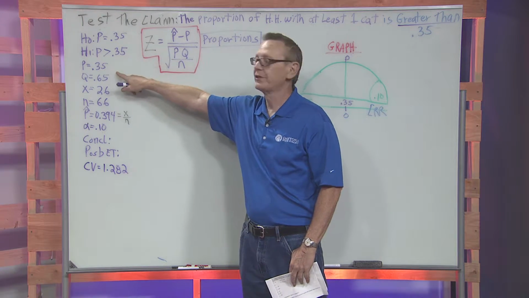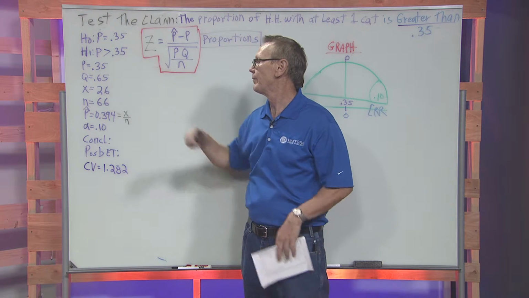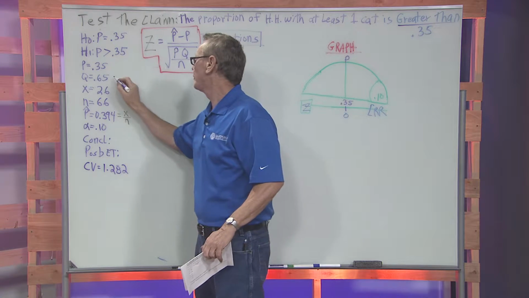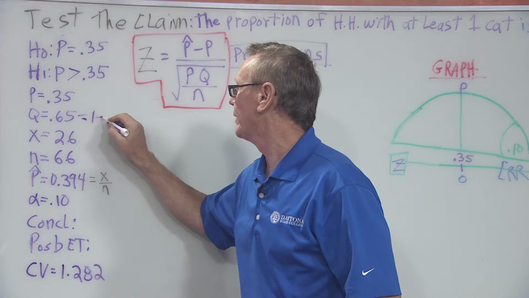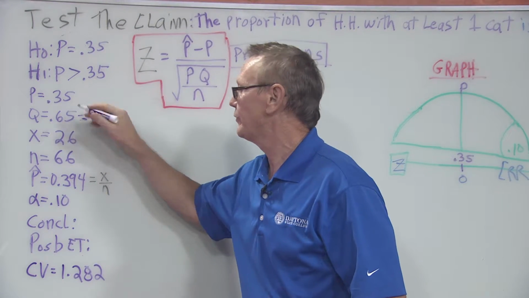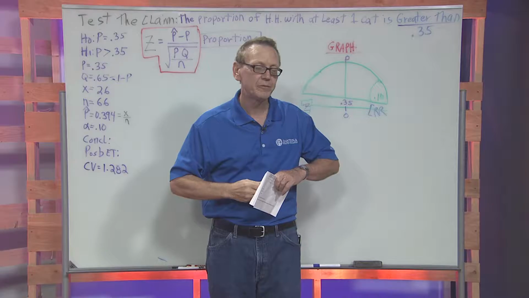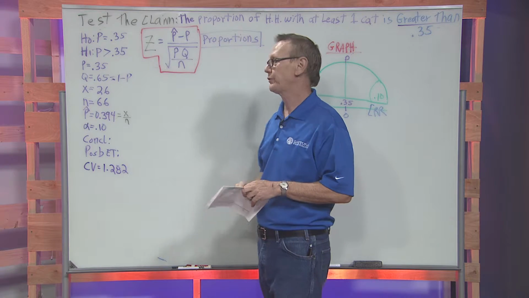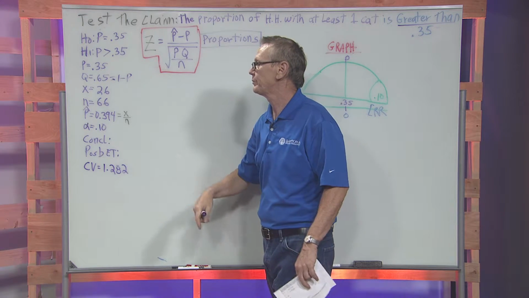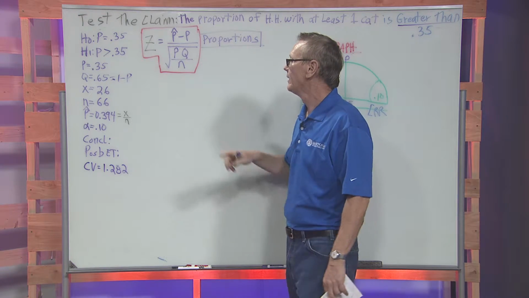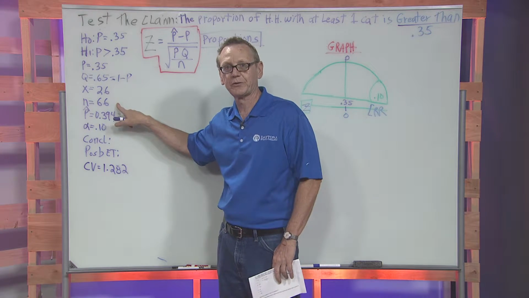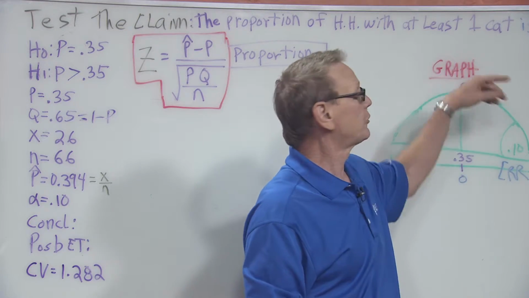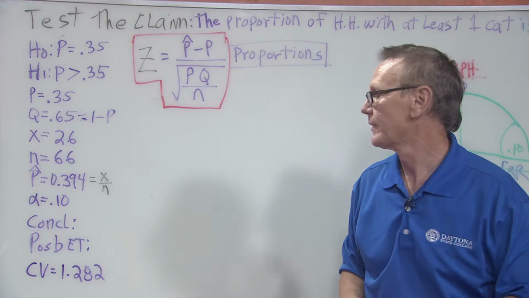Okay, so P is given as 0.35. The complement to that is 0.65. That's Q. Q is 1 minus P. So 0.35 plus 0.65 gives you 1. The sum of the probabilities is always 1, so this has to add up to 1. So that's the complement. Okay, 66 households were surveyed. 26 were found to have at least one cat at home.